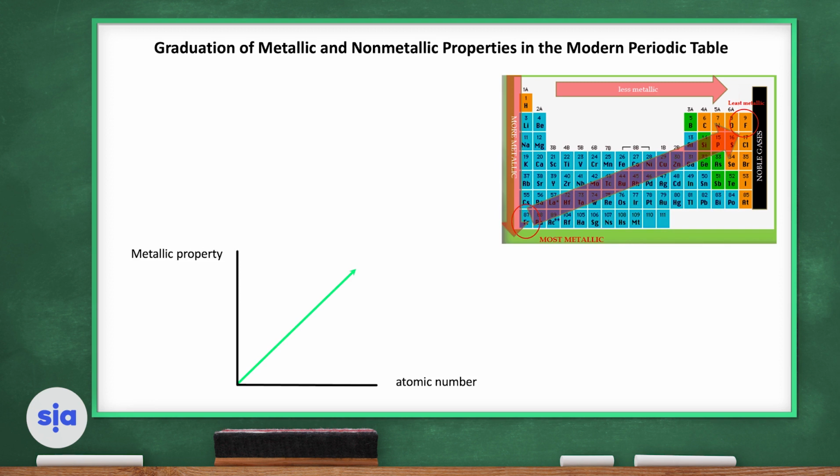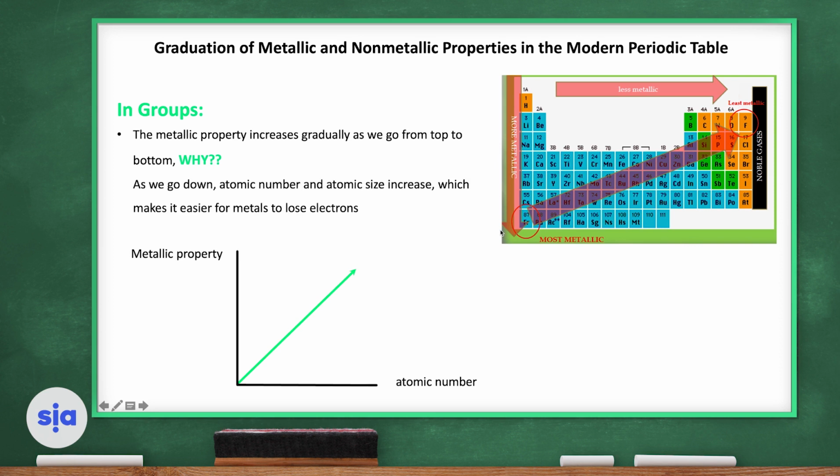Now we will discuss the graduation of metallic and non-metallic properties in the modern periodic table. If you look at groups, the metallic property increases gradually as we go from top to the bottom. Why? Because the atomic number and the atomic size will increase too, so it makes it easier for metals to lose electrons.